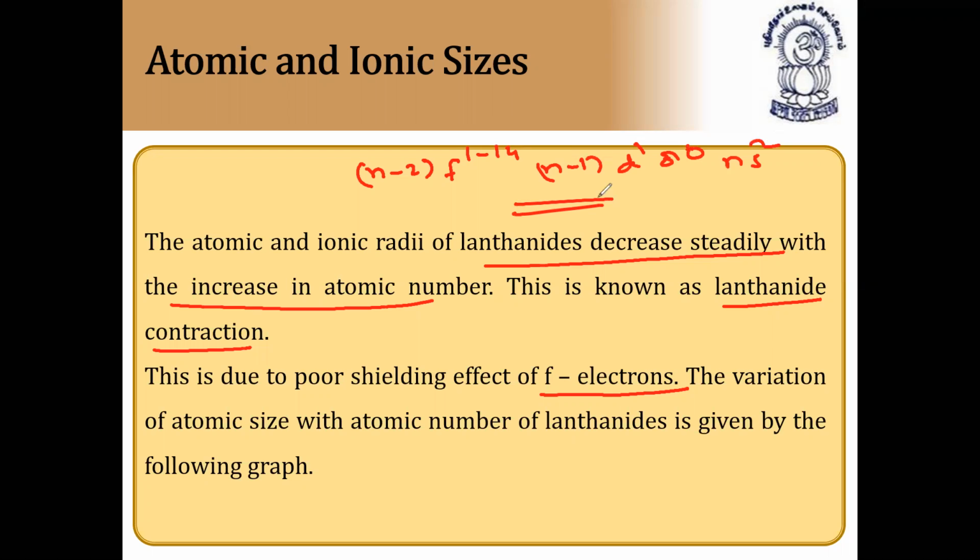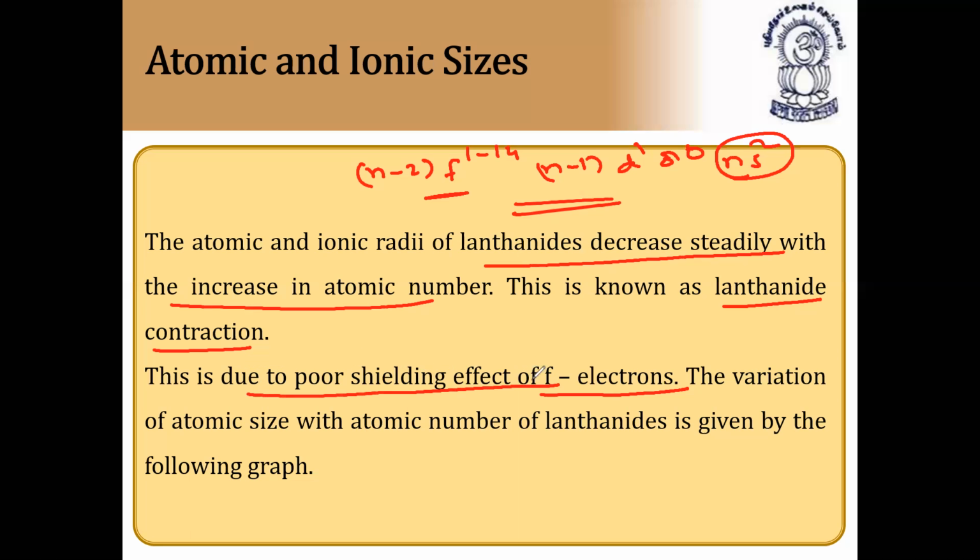This is the configuration, right? So the outer ns electrons are not shielded by f orbitals, due to which the outer electrons come closer to the nucleus, and contraction takes place. This contraction is known as lanthanide contraction, and it is formed due to the poor shielding effect of f electrons.